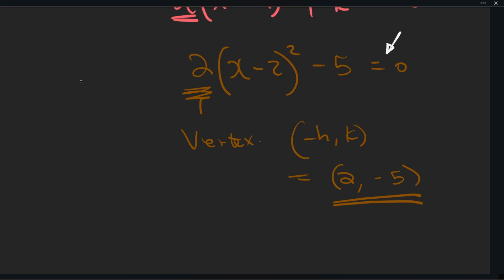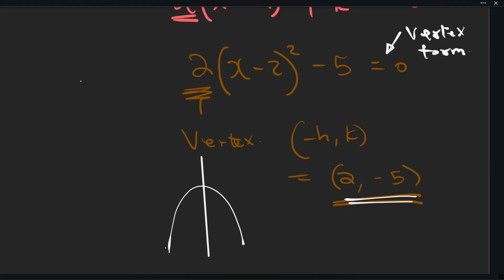So this here is the vertex form. These will be the coordinates of the vertex, such that if the graph looks something like this, with a line of symmetry over here, this coordinate will be (2, -5).